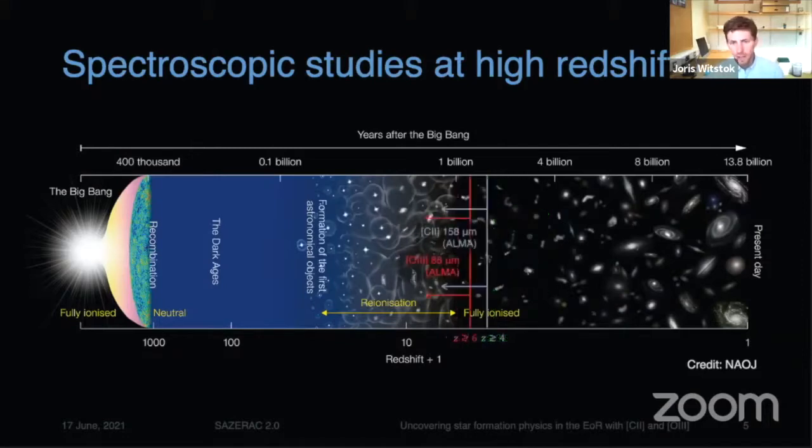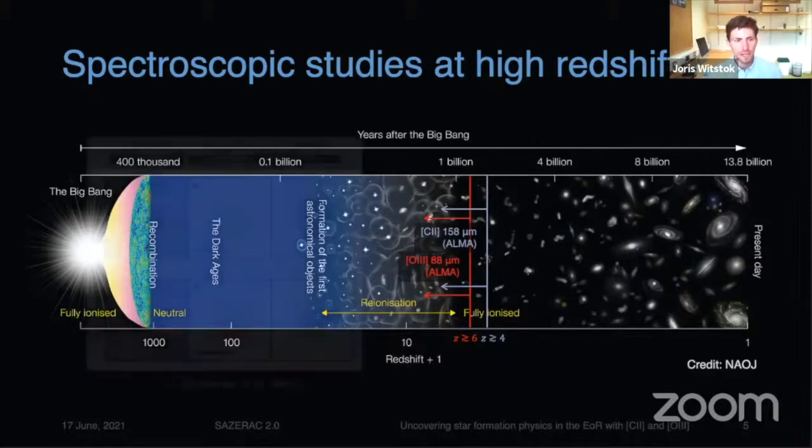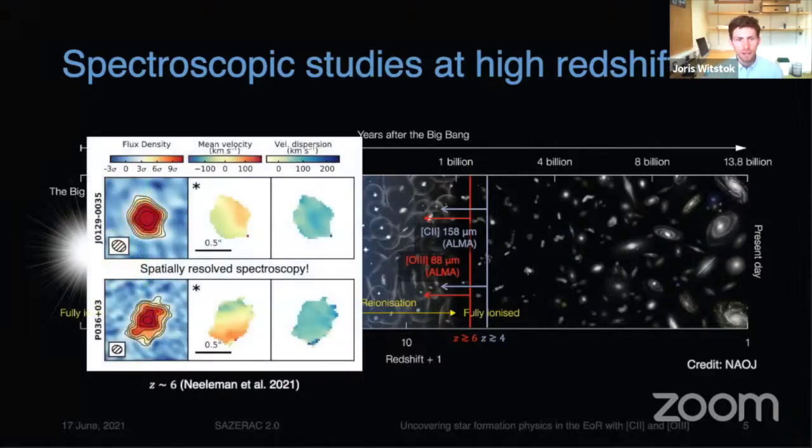But already with ALMA, we can perform these spectroscopic studies at high redshift, well into the Epoch of Reionization, using mainly the C2 and O3 lines above redshifts of about 4 and 6. And what's more, if you use ALMA, you actually get spatially resolved spectroscopy, so you can make these beautiful velocity maps, for example.